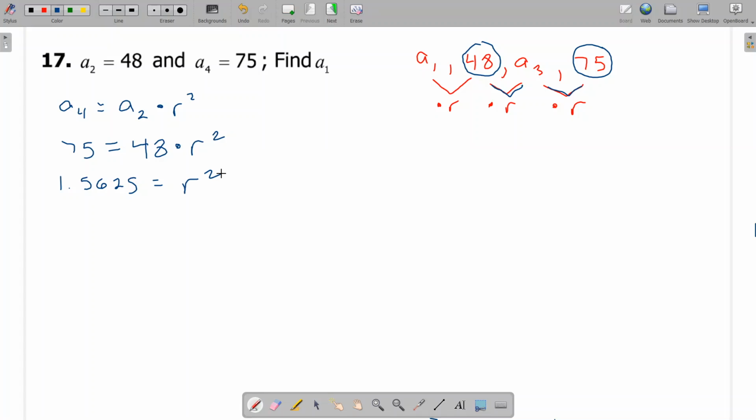And then we can square root. Now remember that when we square root something, we should put a plus or minus there. But in this case, I know that my common ratio is going to be positive, so I'm just going to keep it as a positive 1.25.